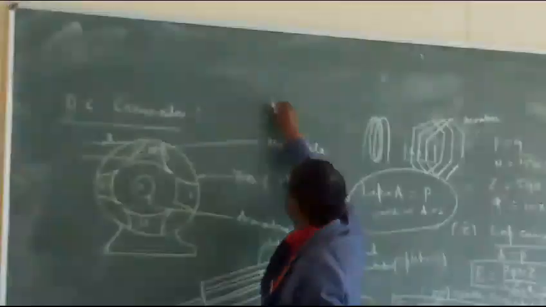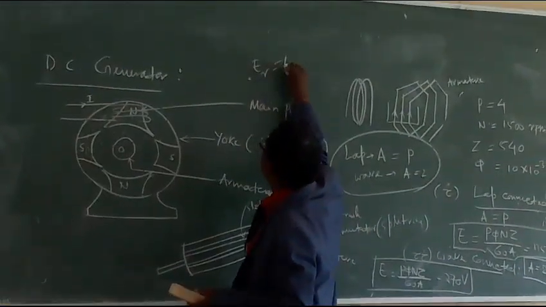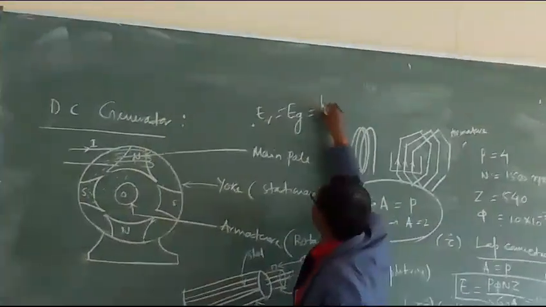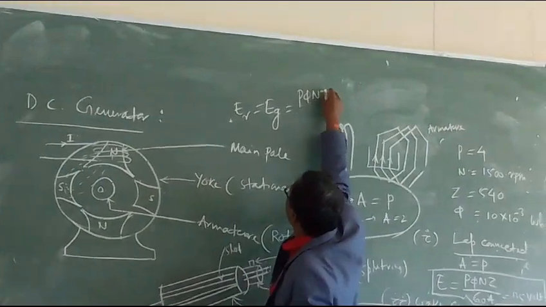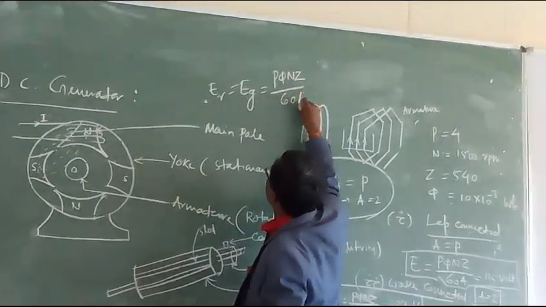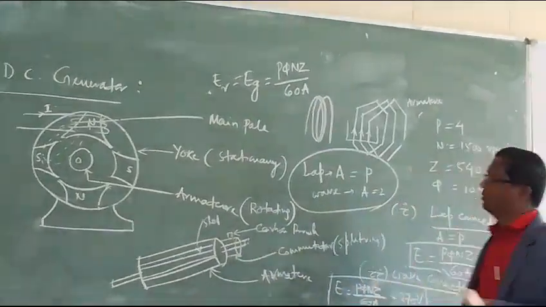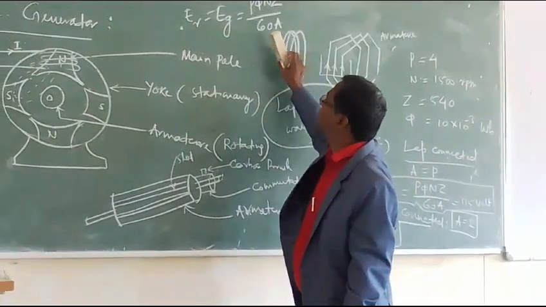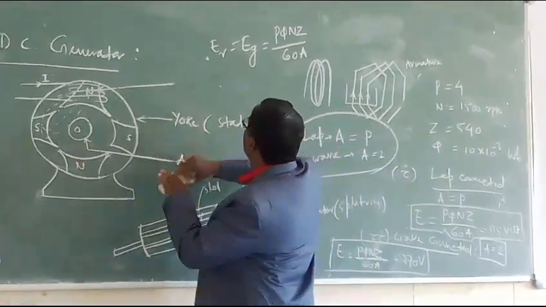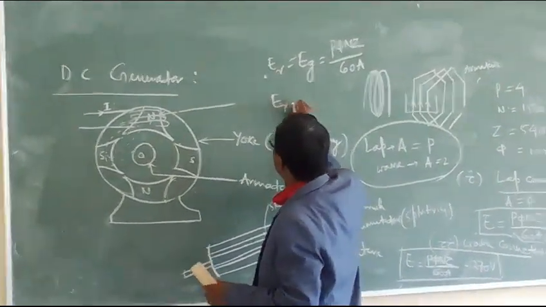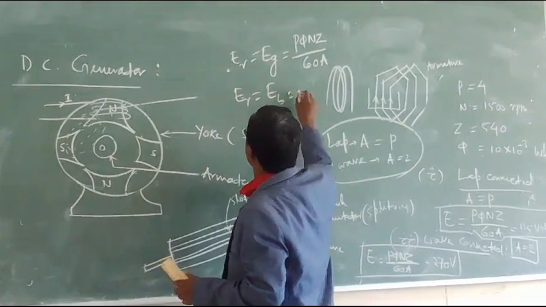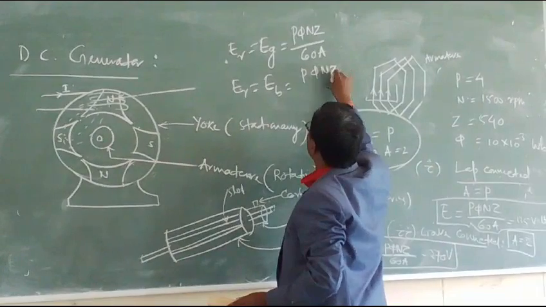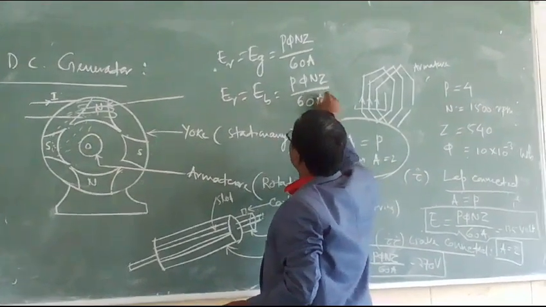How is EMF induced? EMF of rotation in case of generator, that is Eg, equals P phi N Z by 60A, and EMF of rotation in case of motor, that we can say Eb, is also P phi N Z by 60A.